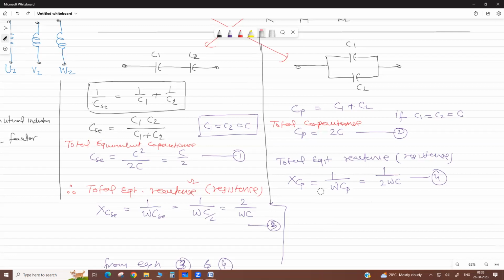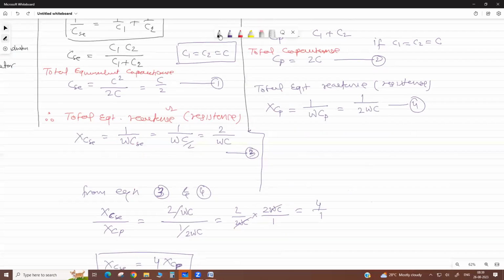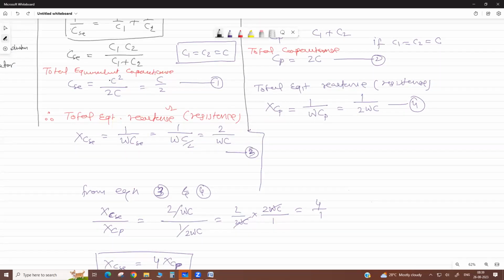Yes, after that, if you know the total capacitance, what is the formula for reactance? Now we are calculating reactance. This is equation 1 and 2, the total capacitance of the circuit. Now we calculate reactance. Now you know the capacitance, so capacitive reactance is 1 by omega C. I just put this formula.